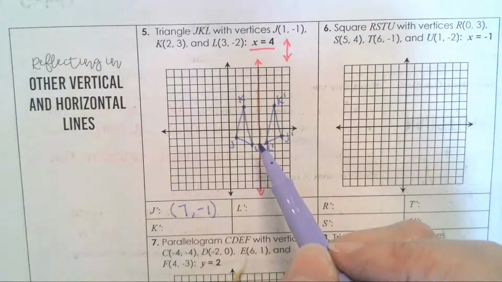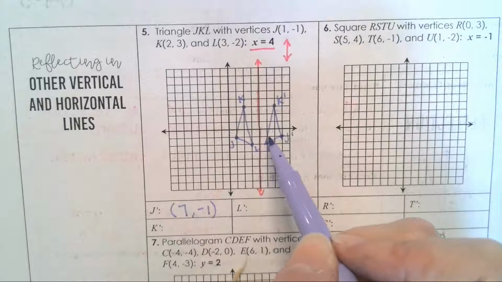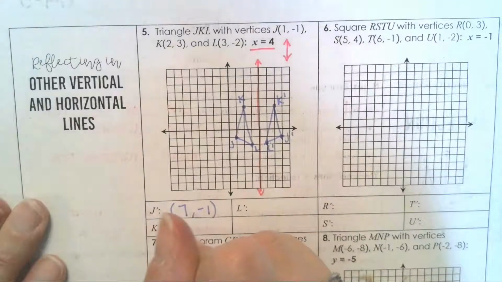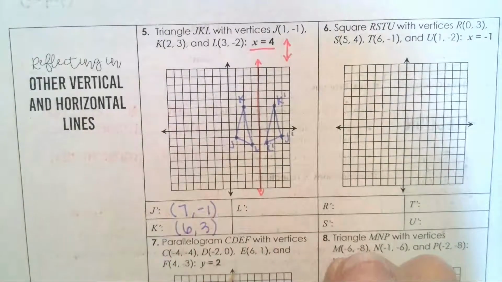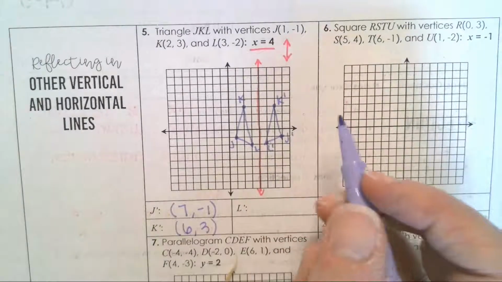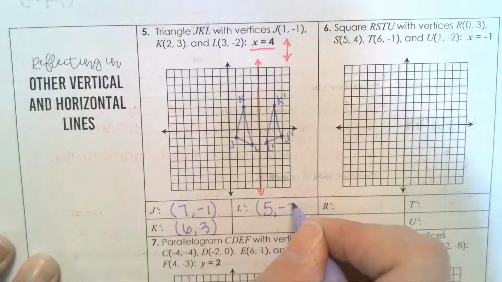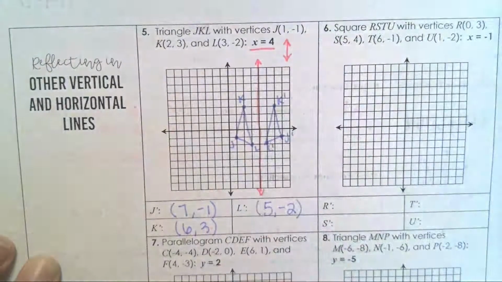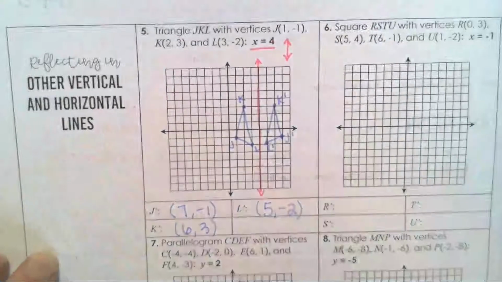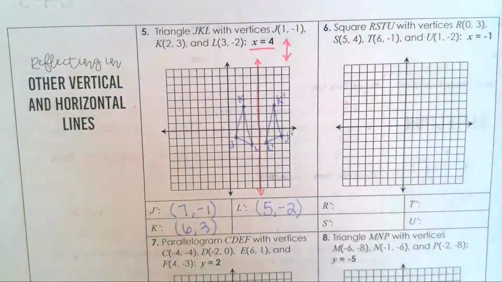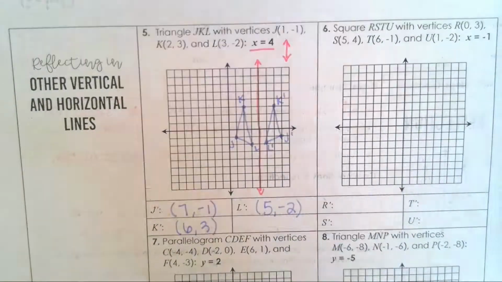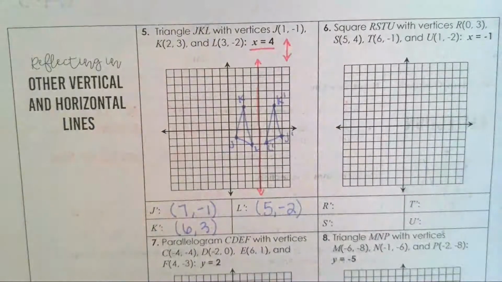K prime is now going to be at 6, 3. And then L was at 3, negative 2. So L prime is going to be at 5, negative 2. So it's a little bit trickier to figure out the rule for that because our line is not the y-axis or the x-axis.